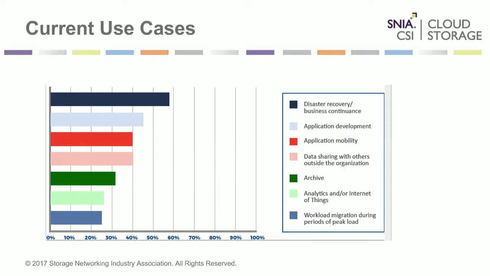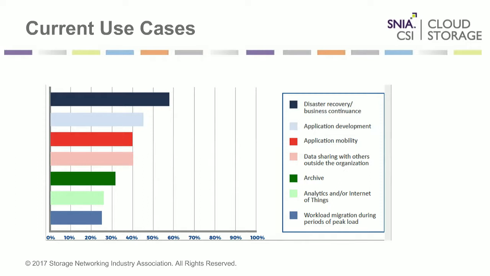You can see here, disaster recovery is at the top of the list, then application development, application mobility, all the way down to workload migration, or this idea of cloud bursting, which is a difficult thing to do, and probably why it winds up at the bottom of the list. It's not because people don't want to do this, it's because people find it difficult to do.